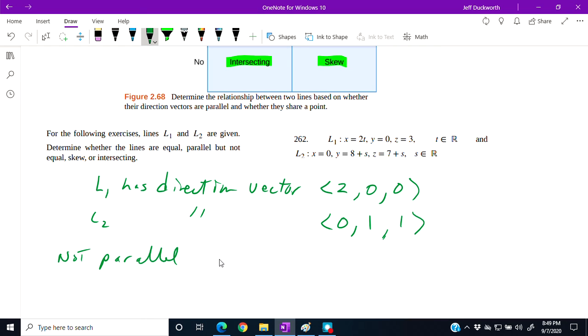Remember, in order to be parallel, we would have to have L1 be some sort of linear combination of L2. So we don't have that. There's no k that's going to do this for us. So they're not parallel. We have to determine now if we're dealing with skew or if they intersect at some point. So let's check for intersection.